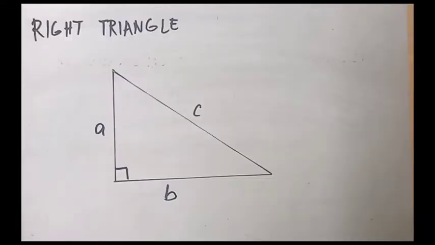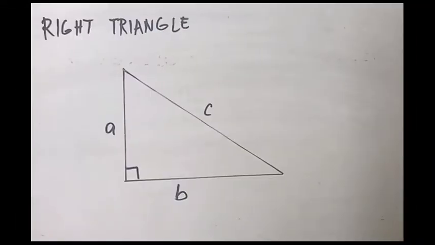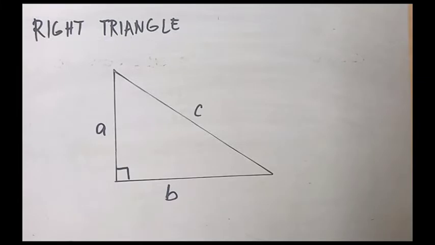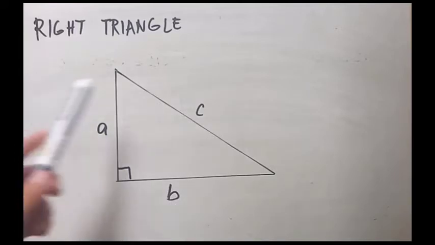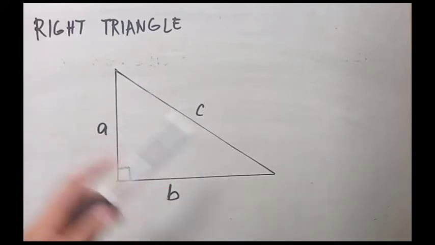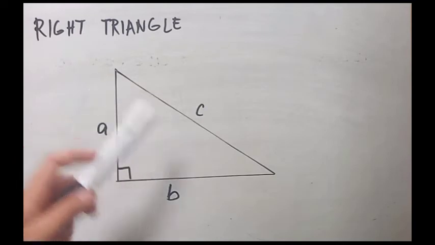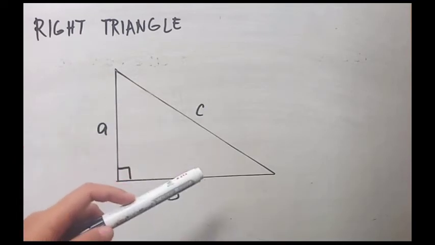So let me first refresh to you the right triangle, because we will be using a right triangle having one right angle and 2 acute angles. And in a right triangle, we label the shortest side as side A, the second shortest side as side B, and the longest side as side C, which is also known as the hypotenuse.